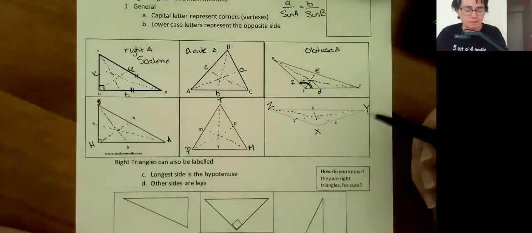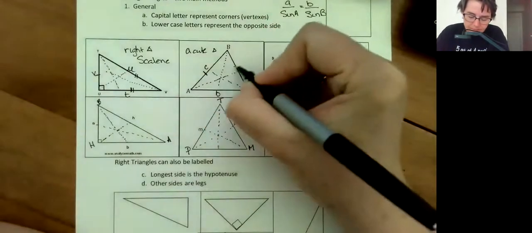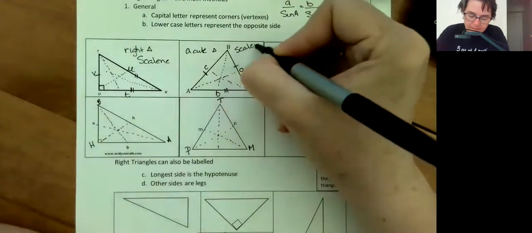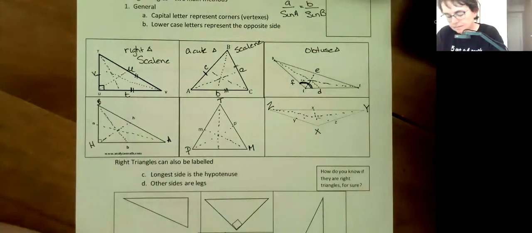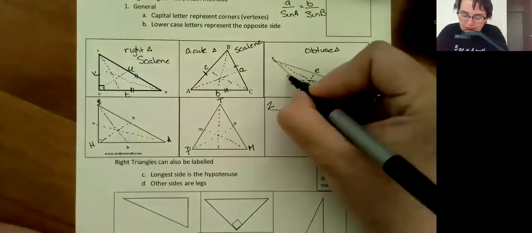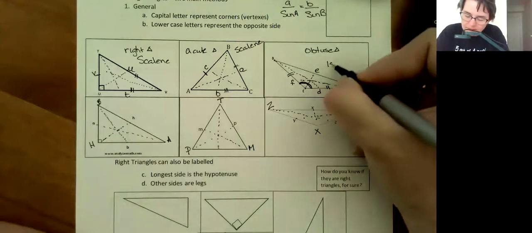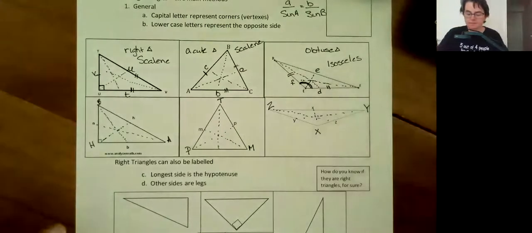This would be easier with a ruler, but to me, these all look different lengths too. Which also makes this scalene. And this one, now that I've written all over it, it's harder to tell. I think this side and this side are the same, which makes this isosceles. Cool.